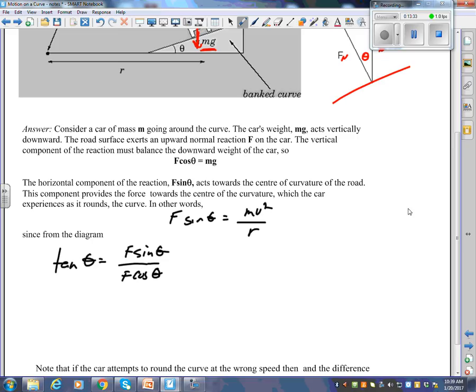Okay, then I'm going to rewrite that. I'm going to move this F cos theta up to there and flip it around to the other side of the equal sign. I'm going to write F sine theta is equal to F cos theta tan theta. I'm taking this bottom times that one.